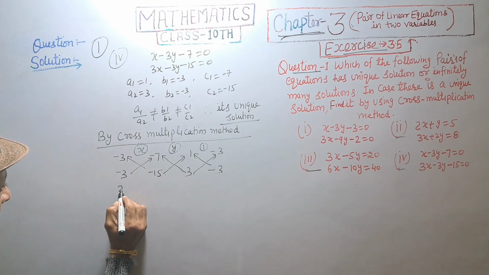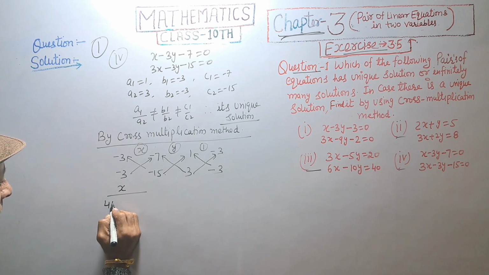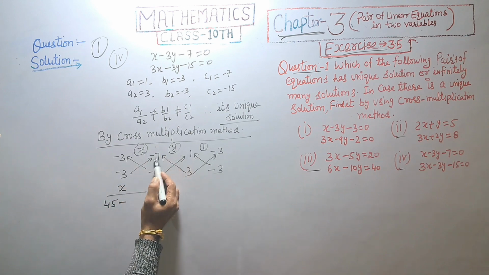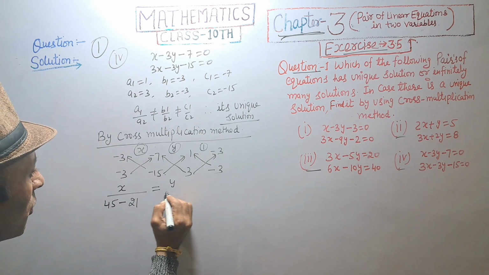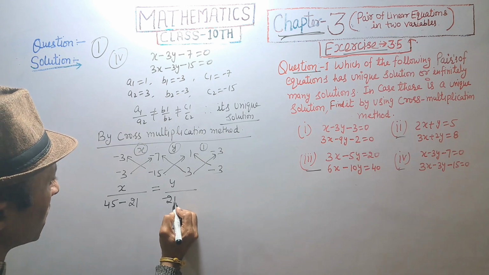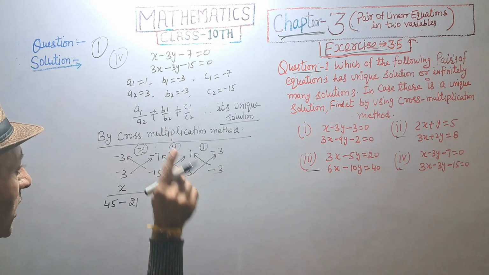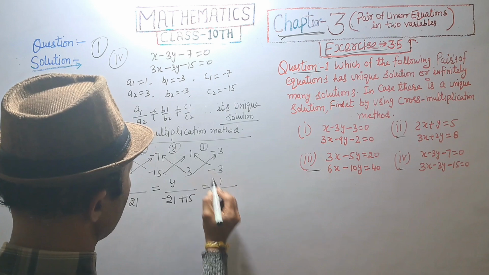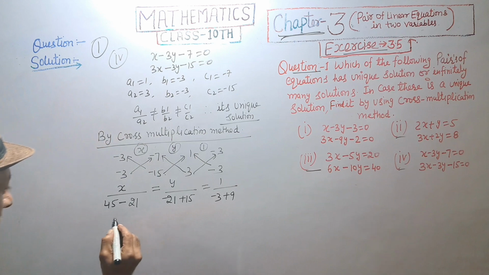X divided by 15 3s are 45, minus minus plus, and minus minus positive, 7 3s are 21, is equal to y upon 7 3s are minus 21, 15 1s are 15, minus plus, 1 upon -3, minus plus 3 3s are 9.